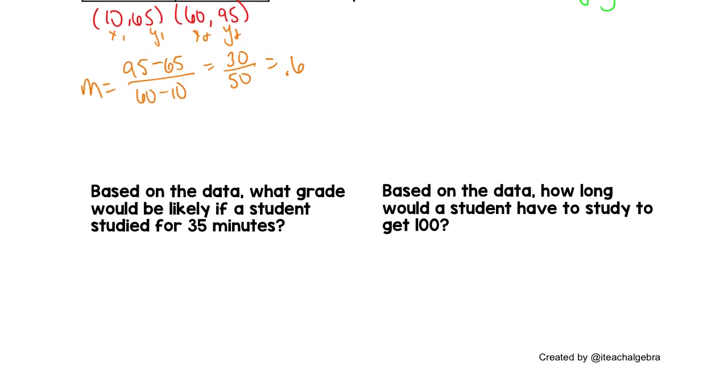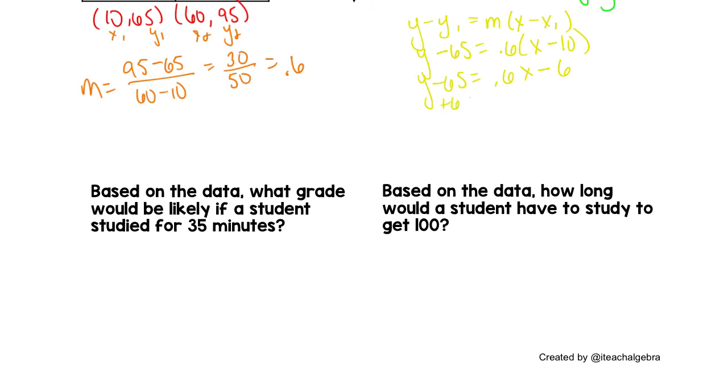Now that we know the slope, we can pick one of our points and use the point slope form to find the equation of the line. So we have y minus 65 equals 0.6 times x minus 10. Now let's distribute a bit. We have y minus 65 equals 0.6x minus 6.